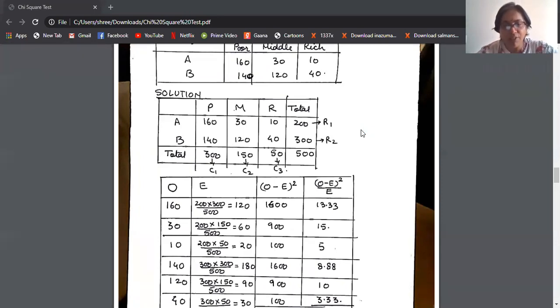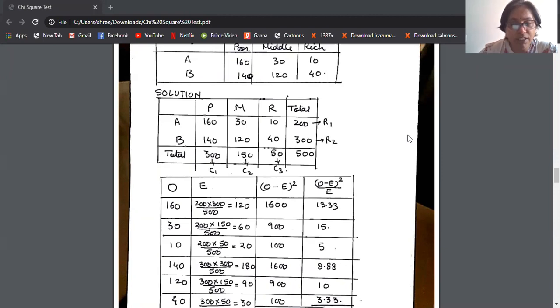That means you take first value 160, calculate E, that is 200 into 300 divided by 500, that gives you 120. So on your calculator, the 120 is there. Okay, then 120 is already there. So 120 minus 160 you do, you get minus 40, into minus 40 you do, you get 1600.